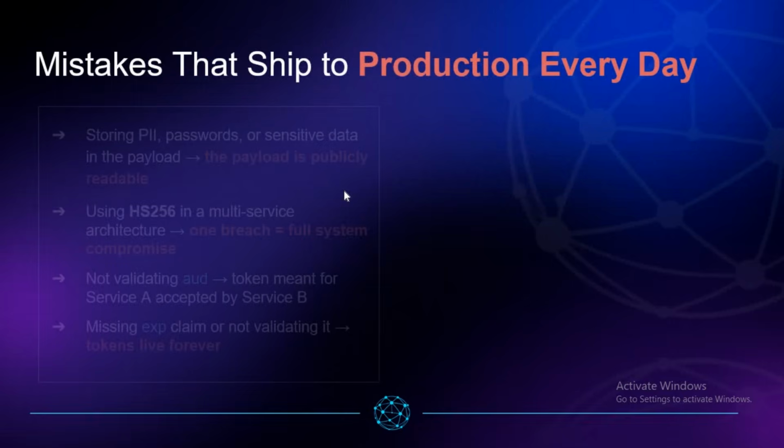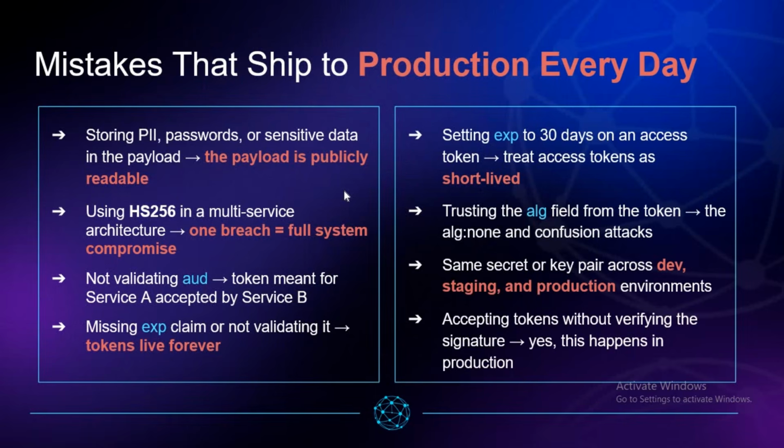These are 8 of the most common mistakes that ship to production every day. Screenshot them. Storing personally identifiable information in the payload. The payload is publicly readable. Using HS256 in a multi-service architecture. One breach, full system compromise. Not validating audience. Tokens work on services they weren't issued for. Missing expiry or not validating it, which makes tokens live forever.